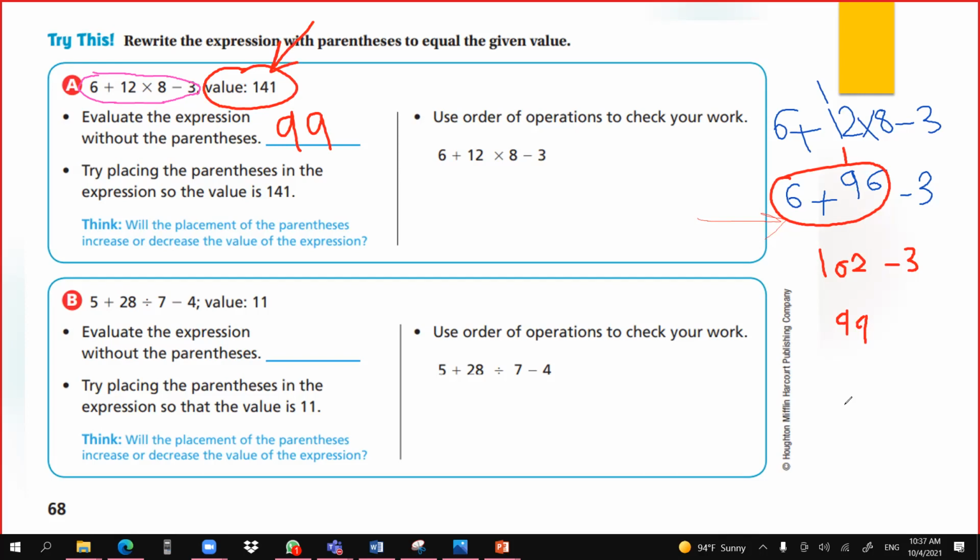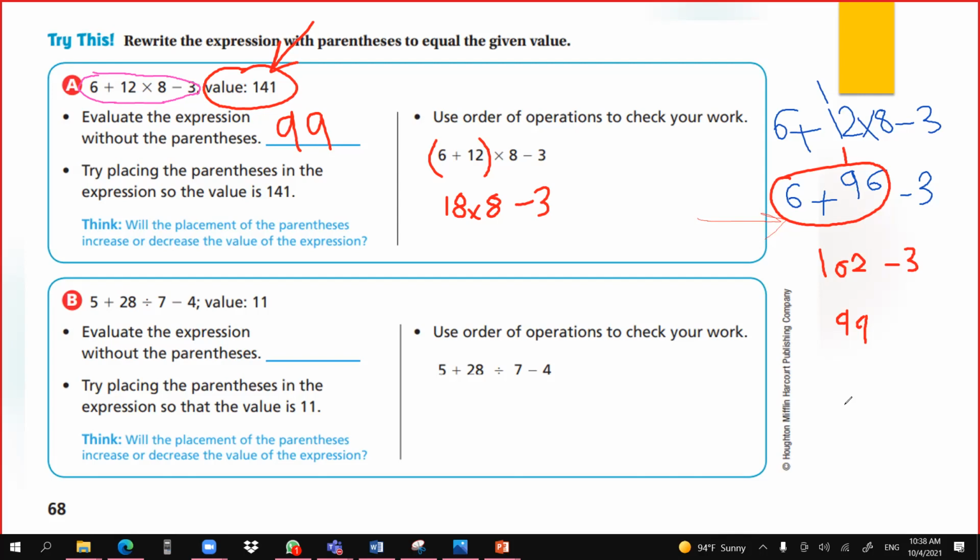Let's try to put it at the beginning. 6 plus 12, 18, times 8 minus 3. After we finish what is inside the parentheses, we have multiplication and subtraction.